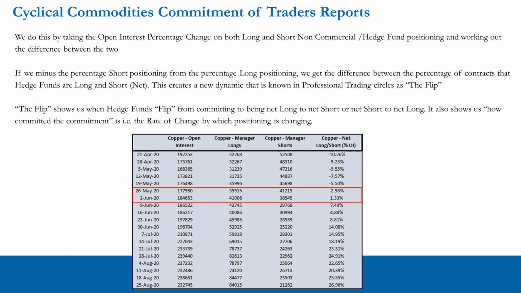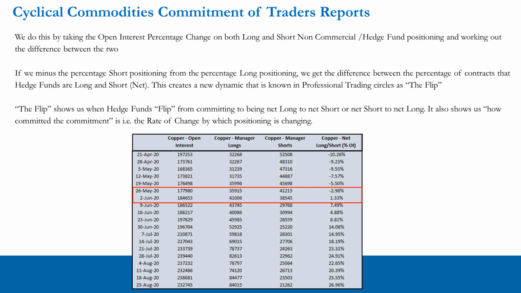Now, if you look at the screen here, as mentioned, we are using copper as an example, and you can see our four columns, and you can see on the screenshot that we've taken this directly from the data in the spreadsheet download. We're looking at the period April 2020 to August 2020, and you can see we've highlighted 2 weeks in the data, which is the week of the 26th of May and the week of the 2nd of June.